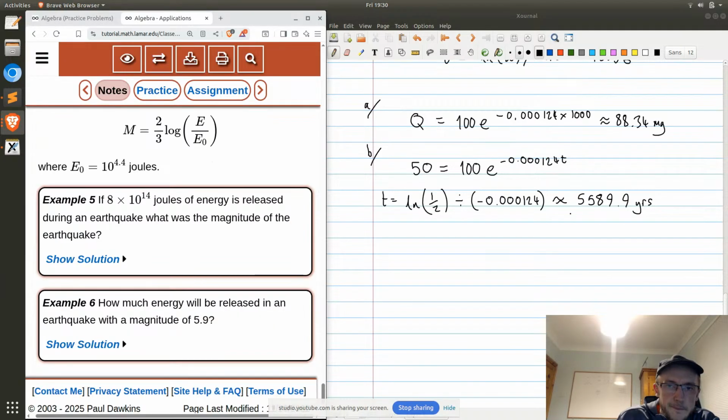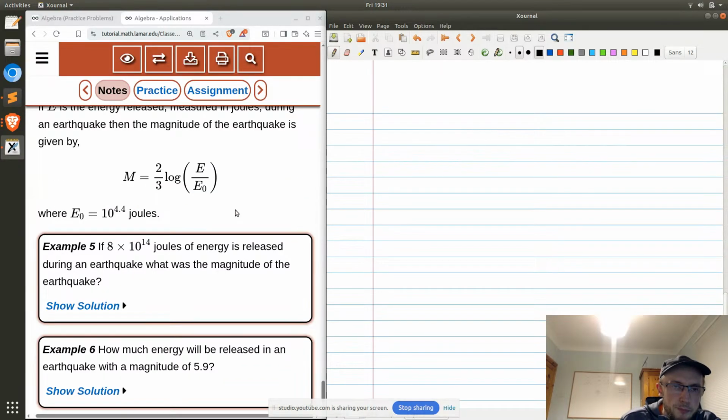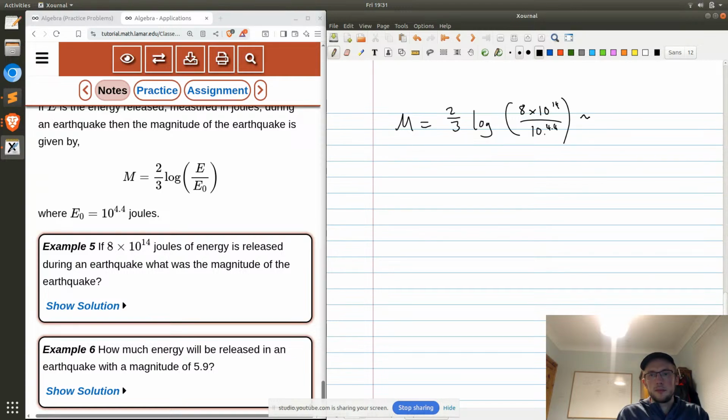So let's do it. If this many joules of energy is released during an earthquake, what was the magnitude of the earthquake? Oh, right. 2/3 log 8 times 10 to the 14 over 10 to the 4.4. And then just compute.